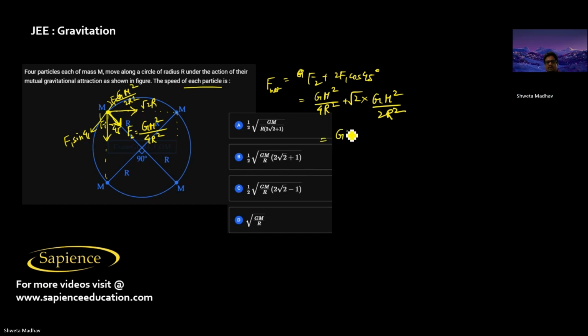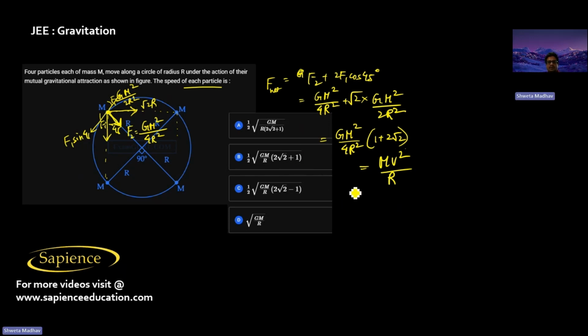This will be equal to Gm square by 4r square into 1 plus 2 root 2. That will be equal to m v square by r.